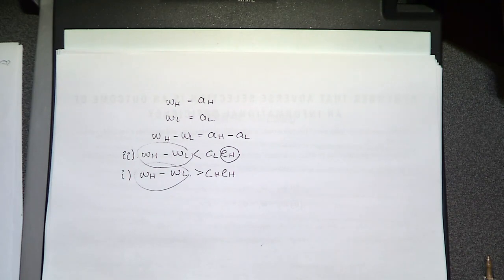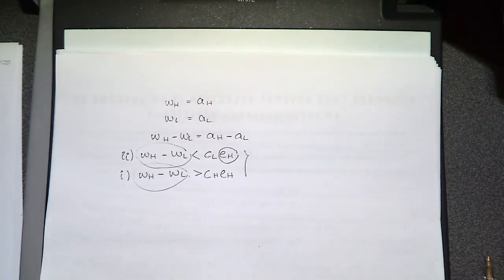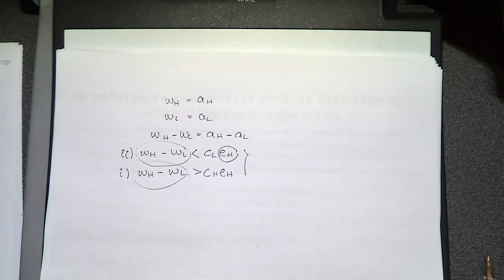Okay, so now that we already have these two conditions, the only thing that we have to do is a little bit of reorganizing them, okay, just to get that implication on what will be the optimal years of education.